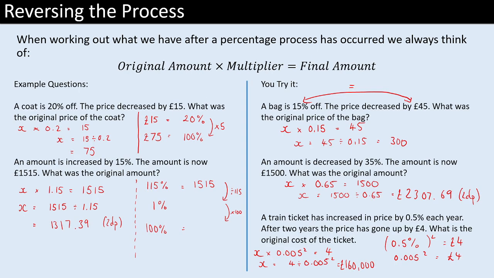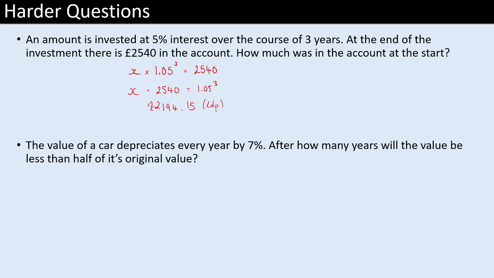And the reason why we had that 0.005 is because the 0.5% increased over 2 years was the £4. Okay, the price of the ticket, including the increase, wasn't £4. It was only that increase, which was £4.